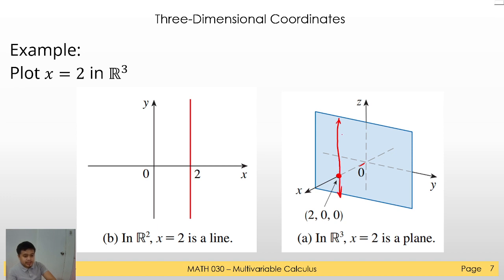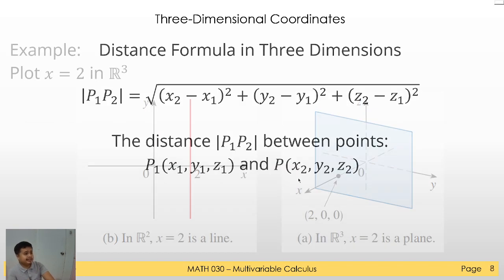If this were only x and y, it would just be a line. But in space, it will also extend in both ways, this upper and this lower. Okay, let's move on to the next slide.